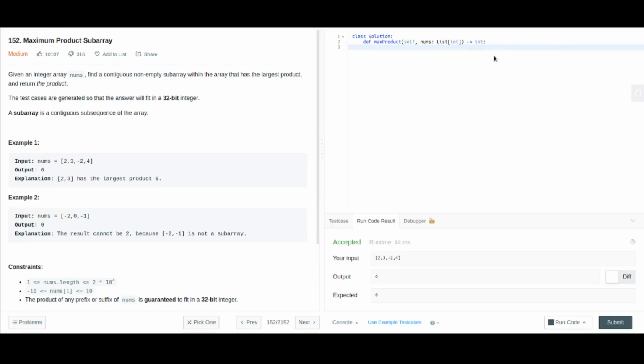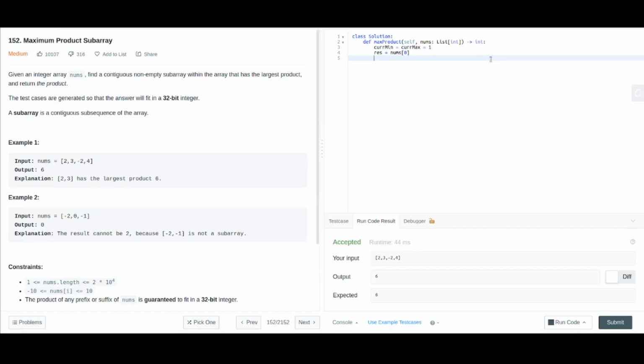First of all, we need to initialize current min and max, so current min equal to current max equals to 1. And then we have our result equals to nums 0.